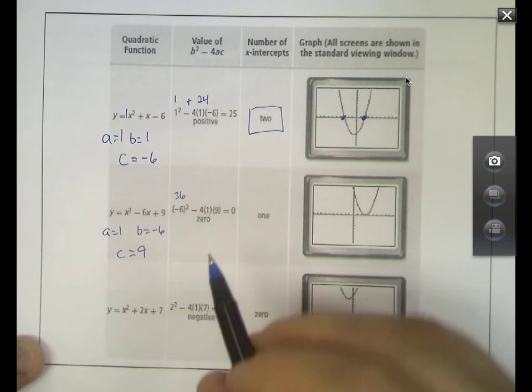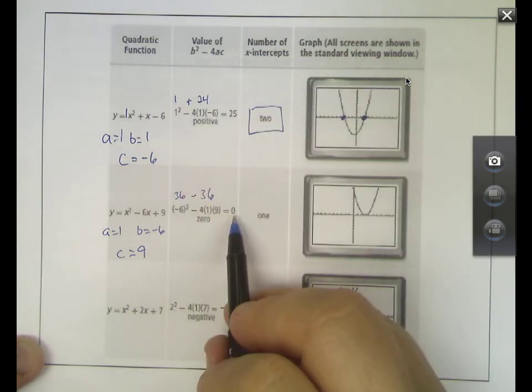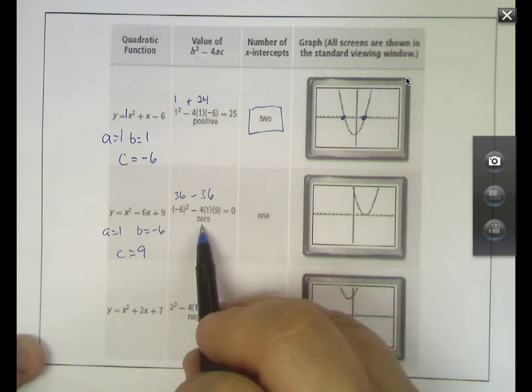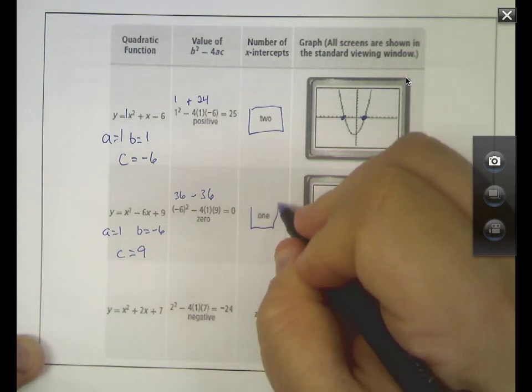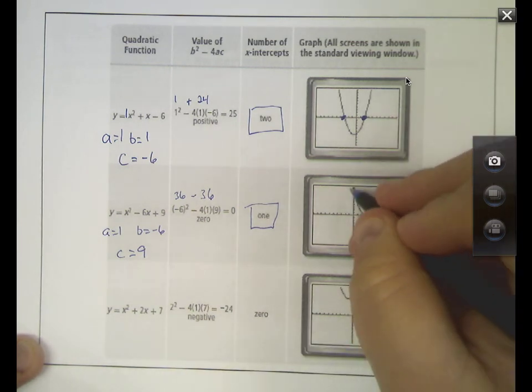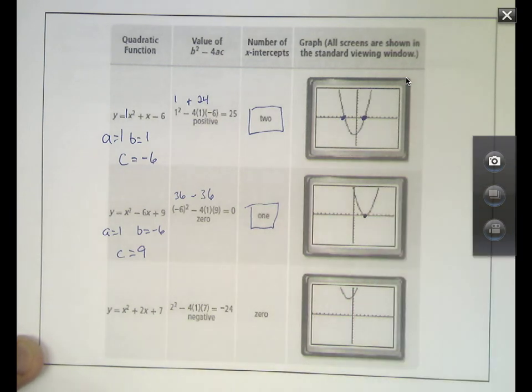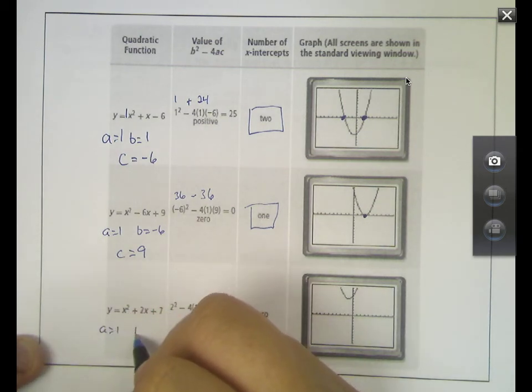Minus 4 times 1 times 9. Well, -4 times 1 times 9 is a -36. 36 minus 36 is 0. If you have 0, then you have 1 real solution, which means it's coming down to our x-intercept and only touching at 1 point.